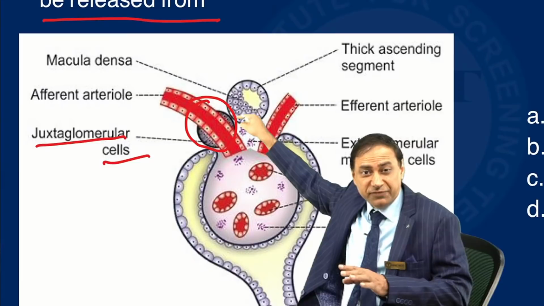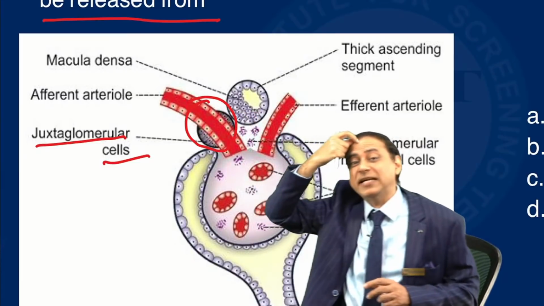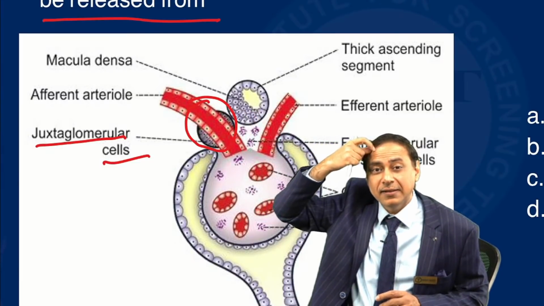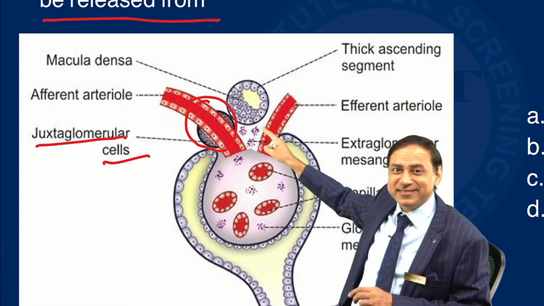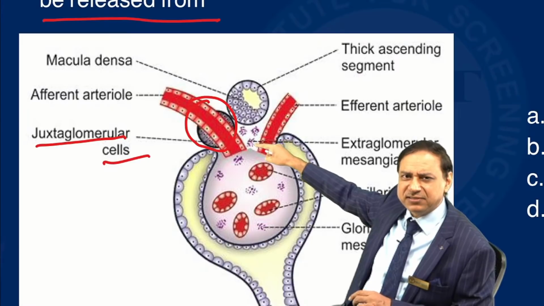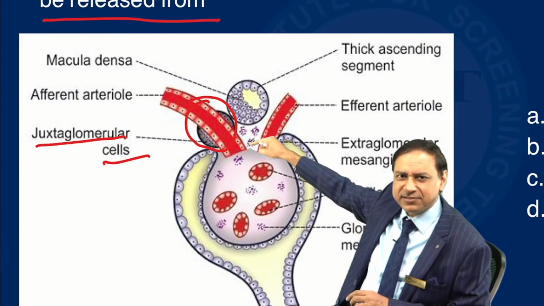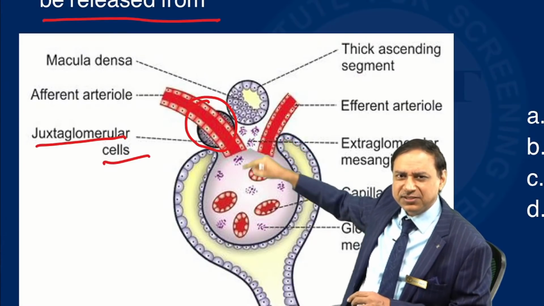And here the modified cells are known as macula densa. So this entire thing is JG apparatus. And here we have cells at this trijunction. What are these cells known as?